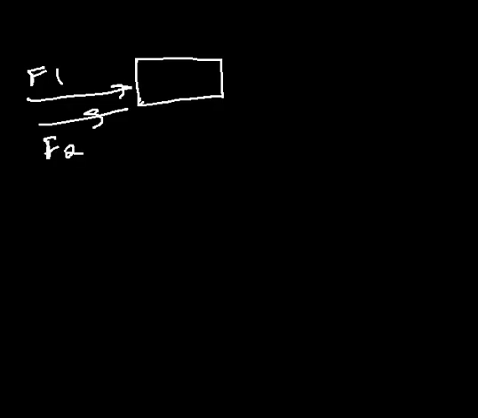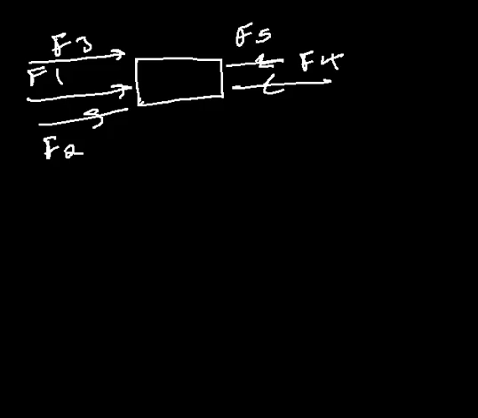Likewise, if we have a system of several forces acting, let's say F1, F2, F3, F4 and F5, and assuming the acceleration is towards this direction, the principle remains the same.